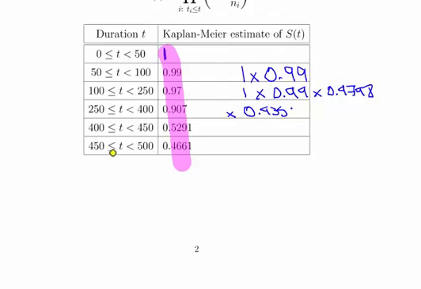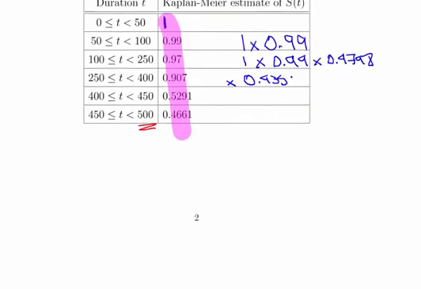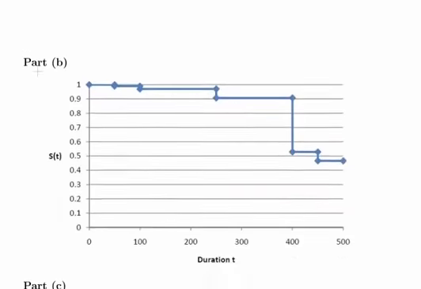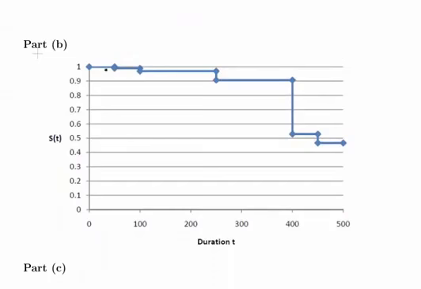Yeah, so just as a remark, I didn't really hammer this point home, but the experiment goes on to 450 hours, okay? So that is the censoring there, okay? So this is how we constructed this here. So essentially what we're doing here is, this is our 50, 100, 250, 400, 450, and 500. Sorry, that's with respect to the x-axis there.